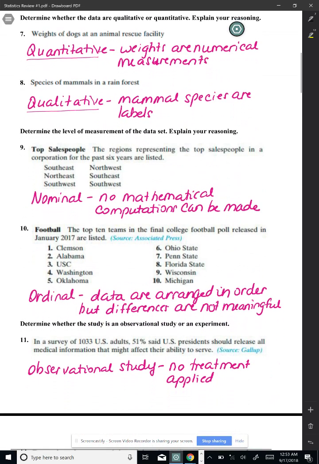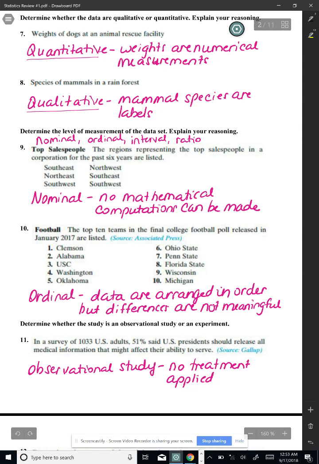The level of measurement, remember on the level of measurement, your levels were nominal, ordinal, interval, and ratio, and that's going from the lowest level to the highest level. On number 9, it's just giving the regions representing the top salespeople.